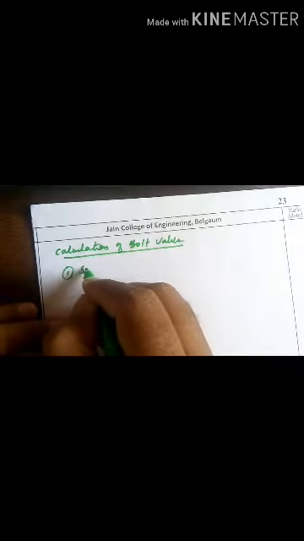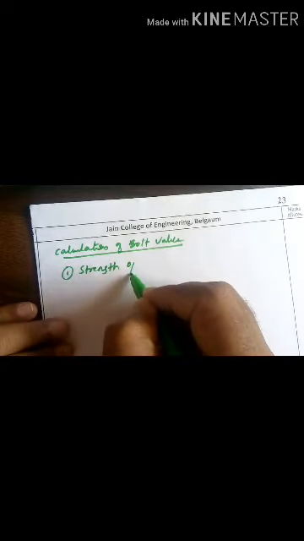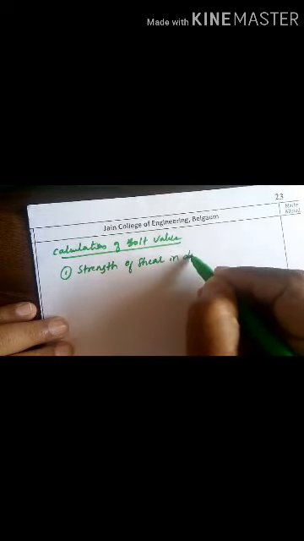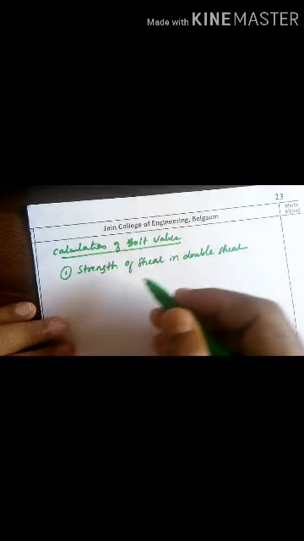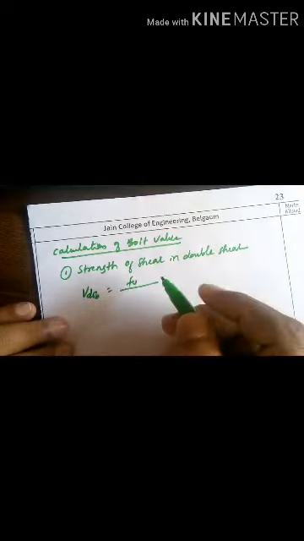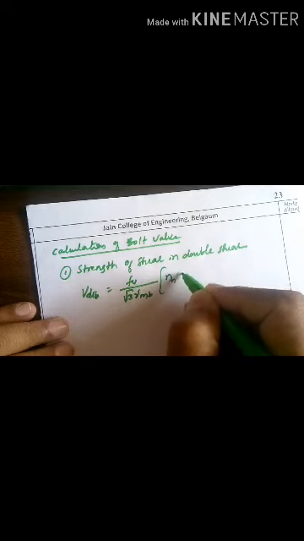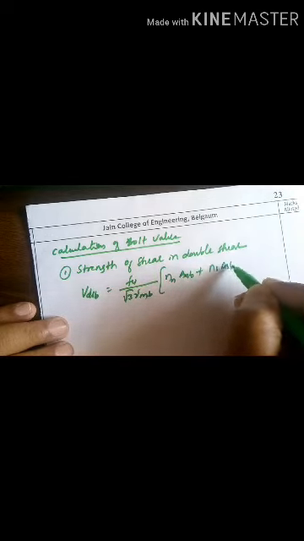So strength in double shear, that is VDSB. We know this formula: Fu divided by root 3 gamma mb into bracket nn Anb plus ns Asb.